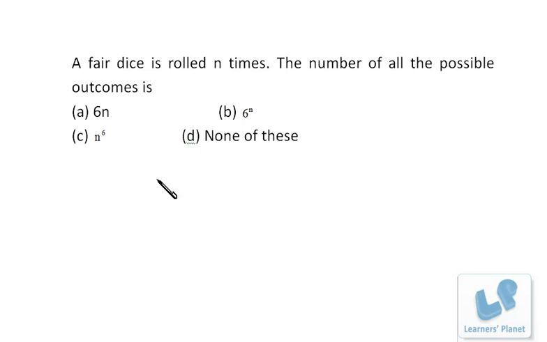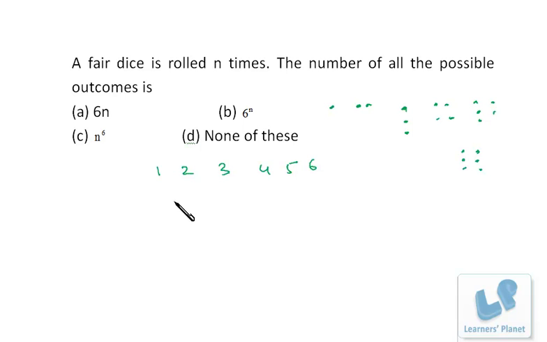Now on a dice, how many numbers are there? That is from 1 to 6, right? 1, 2, 3, 4, 5, 6. And the numbers are in the form of dots, like 1, then 2, then 3, then 4, then 5, and then 6, right?